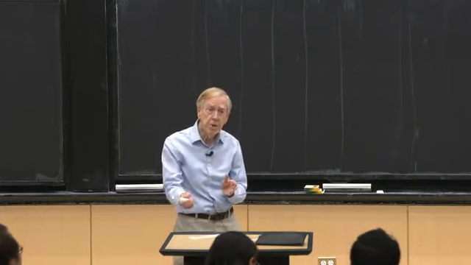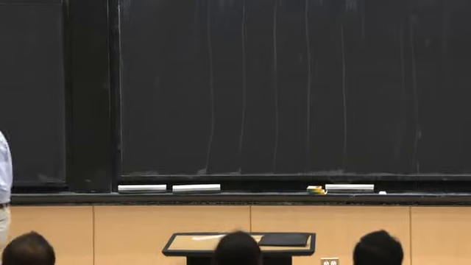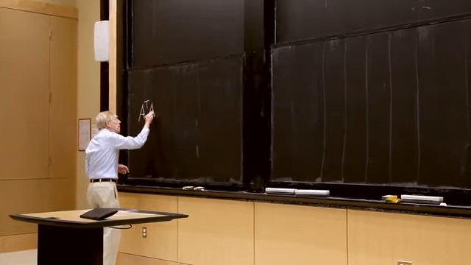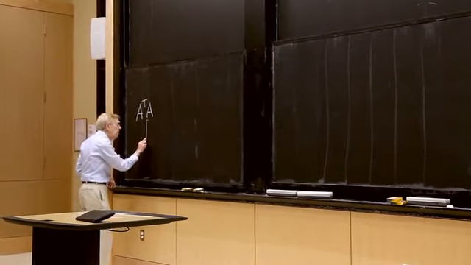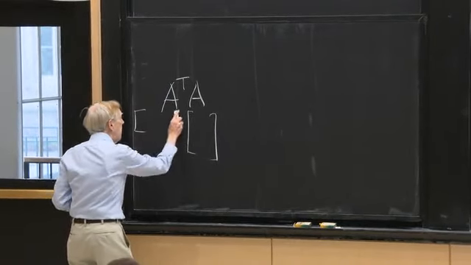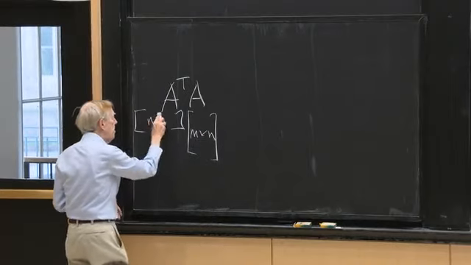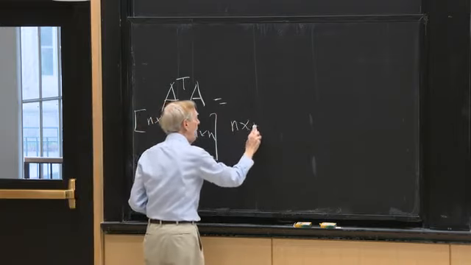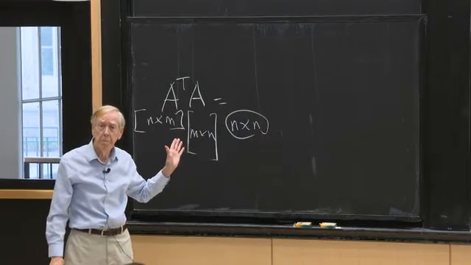So the key is that A transpose A is a great matrix. That's the key to the math. So what are the properties of A transpose A? A is rectangular again, so maybe m by n. A transpose is n by m. So we get a result that's n by n. And what else can you tell me about A transpose A?